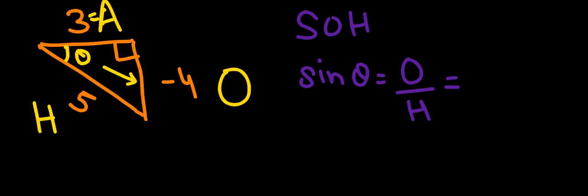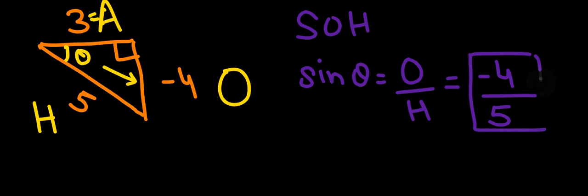You can clearly see from your picture, O is negative 4 and H is 5. Therefore, sine theta is going to be negative 4 over 5, and we're going to put it in the box. So that's our sine theta.